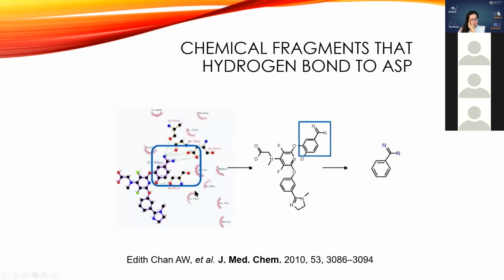And this is the real case. So this is the ligand. You can see the blue atoms here. That's 2 nitrogen. And these rings, it's fine to bind aspartate.